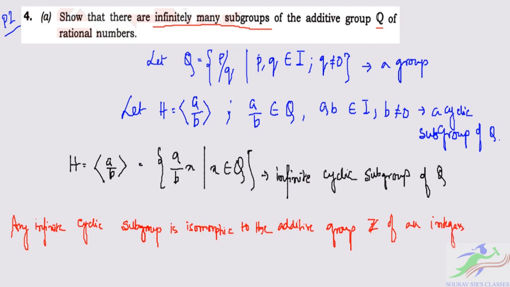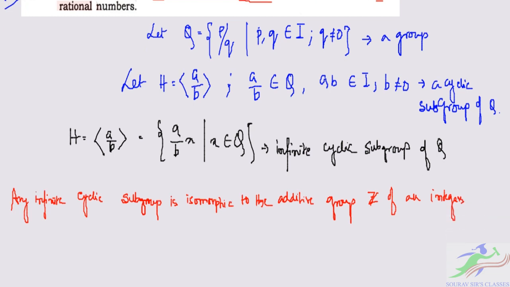So clearly here we can say that Z is equivalent to H, and also H is equivalent to Z.